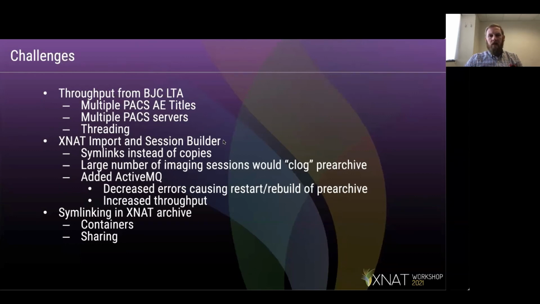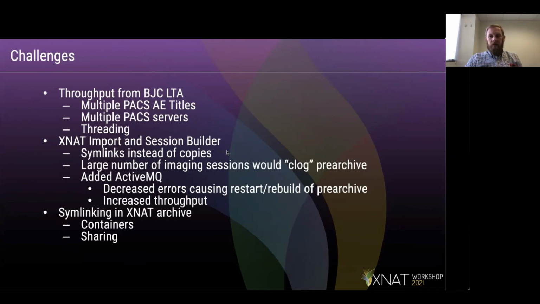And we also added an ActiveMQ server, which not only decreased the errors that were causing us to have to restart Tomcat and rebuild our pre-archive, which is an XNAT setting, but also increased the throughput, even without the errors. I think it was something like a 3 or 4 times increase.